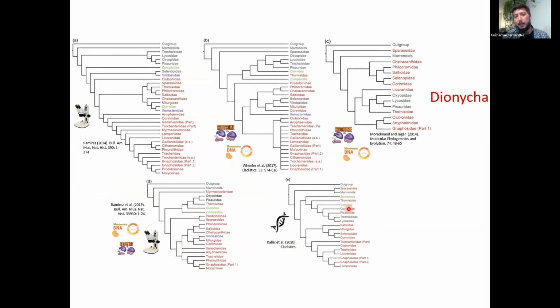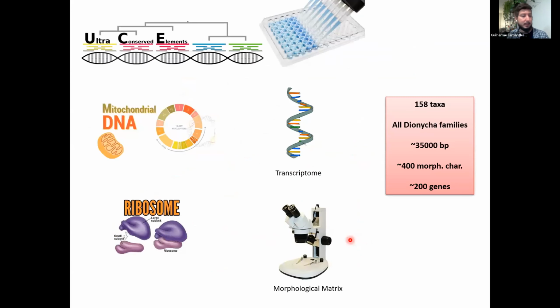But the genomic data, as I told you before, was not a very extensive sample for Dionica. So we decided to explore the relationships using a genomic approach with ultra-conserved elements, but also including the traditional Sanger sequencing data, transcriptome data, and morphological data.